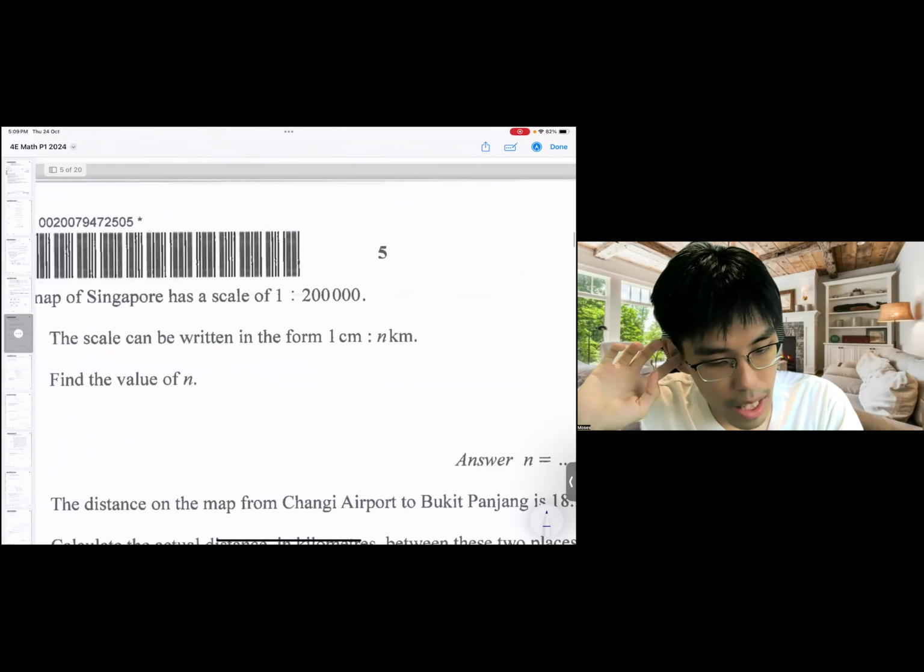Okay, I should get 2.983. They want 2 sig fig, 3.0. Anything more becomes 3 sig fig already, so cannot. I got 2.98301. Let me check my working again. Yeah, all is good. There we go.